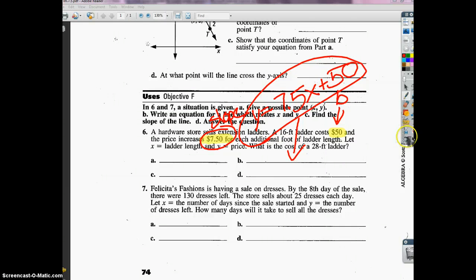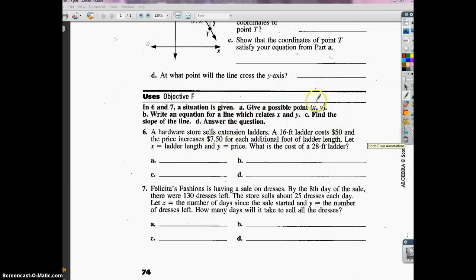Alright, so once you found your b, you can plug in and pick any number you want, like 7 for x, and figure out what y is. That way you can have your point. Okay, so like I said, this is y equals 7.5x plus 50. So you can plug 7 in for this and just figure out what y is. So this will be 7, this will be whatever you found for y.